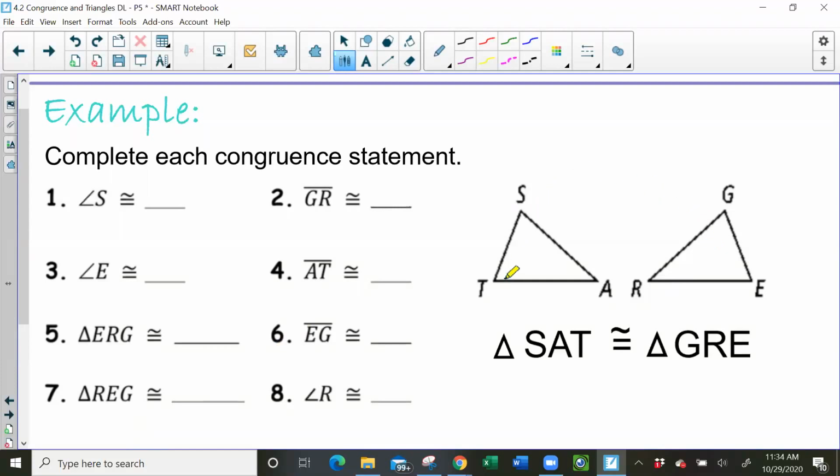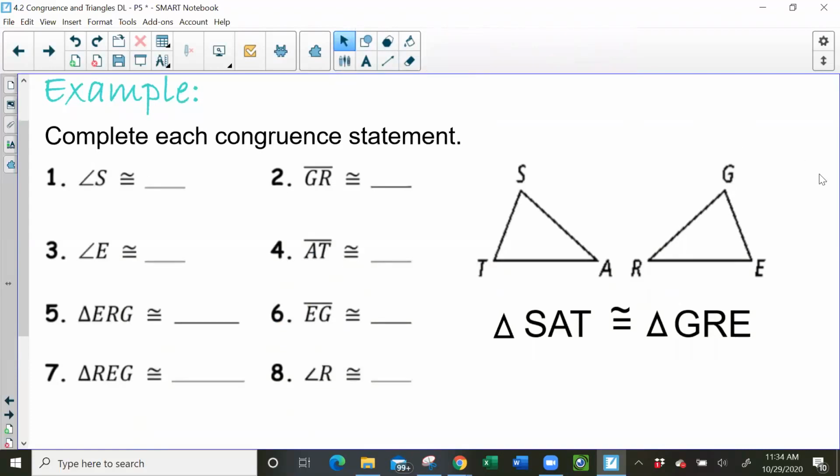How would you name the letters of the first triangle in the correct order? So try to do those 8 things. I will give you a couple of minutes here. So do this on your paper, and then I'll ask for people to tell me what you got for your answers.